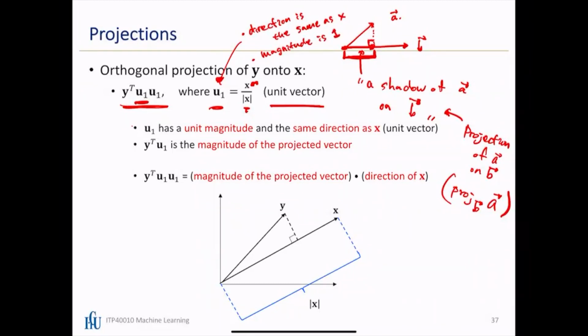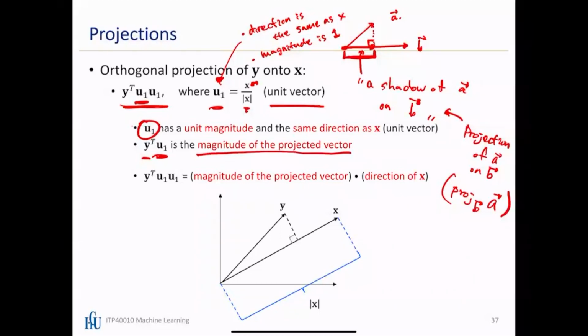Understanding that, computing the projection is quite straightforward. You have a unit magnitude and the same direction as x. This is what we just discussed. And you multiply u onto y, and it's going to be the magnitude of the projected vector.